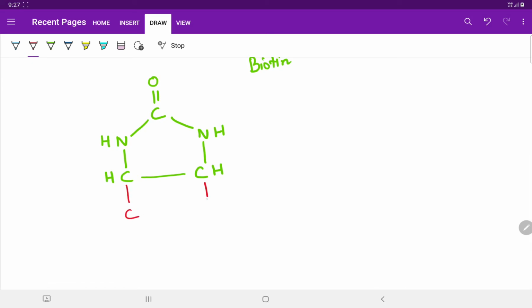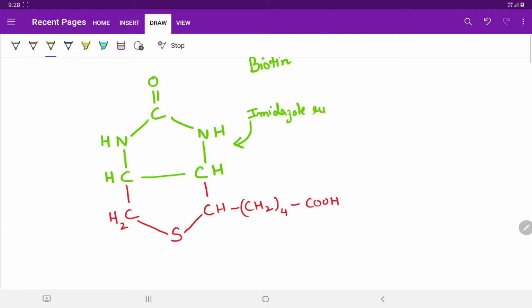It is also a 5-membered heterocyclic ring containing sulfur, known as thiophene. So students, these are the 2 basic ring structures that are fused together. This is the imidazole ring, and this is the thiophene ring.